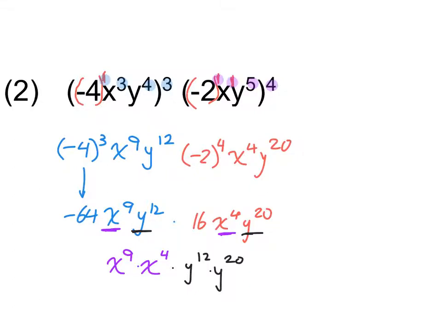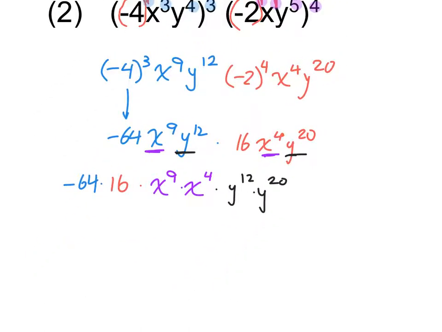And right in the front, I'd have my negative 64 times 16 times x to the 9th. You don't actually want to write it out this way, but this is how you want to think about it. Because those x's can be grouped together, the y's can be grouped together, and the numbers can be grouped together. So then it makes it pretty clear that I should be multiplying these, and these together.